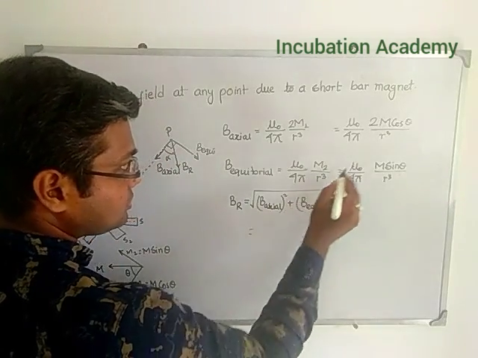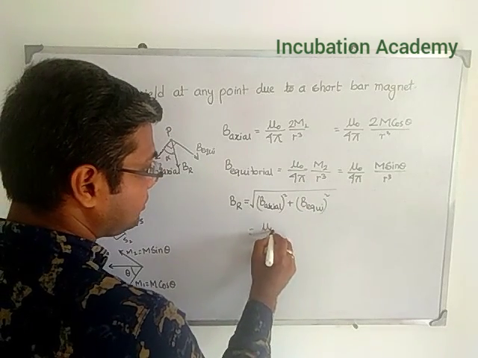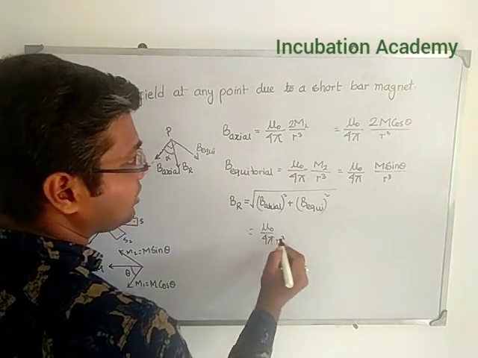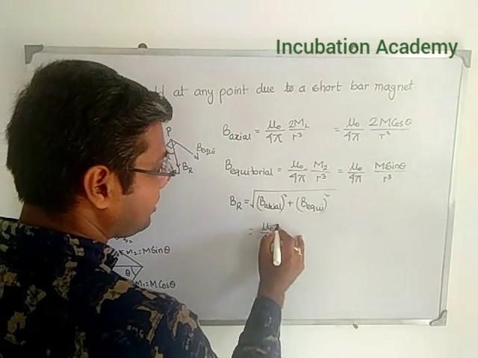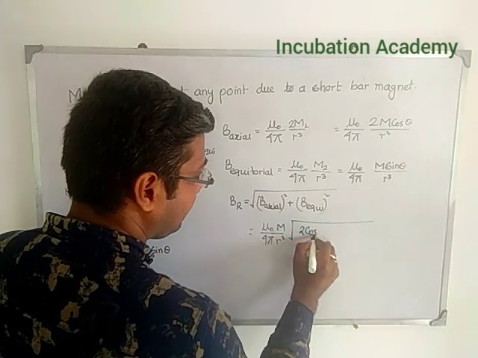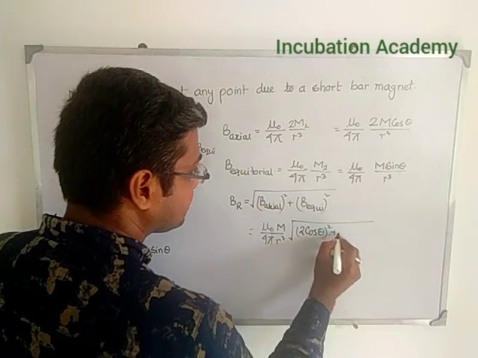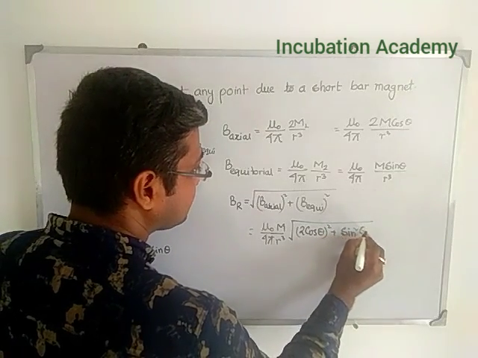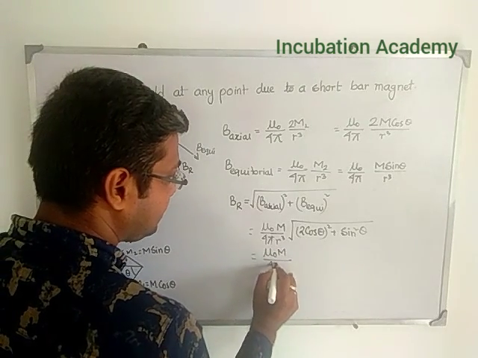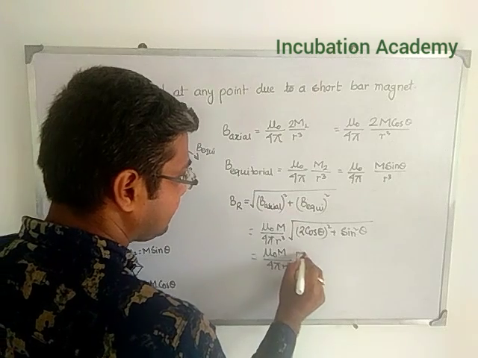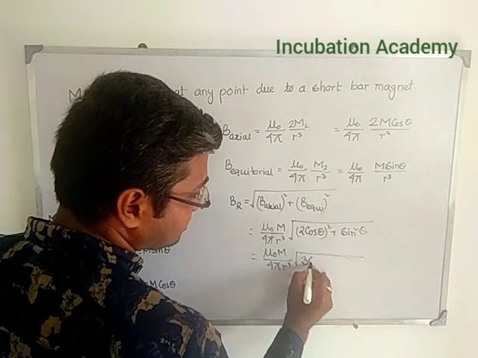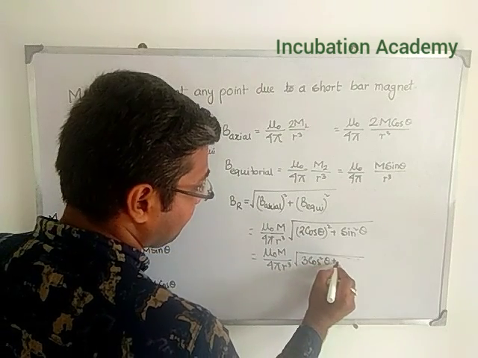Now if I put these values, mu naught divided by 4 pi is common, r cube can be taken common, and m can also be taken common. Within the square root there will be 2 cos theta whole square plus sin square theta. After calculation this becomes mu naught divided by 4 pi r cube into the square root of 3 cos square theta plus 1.